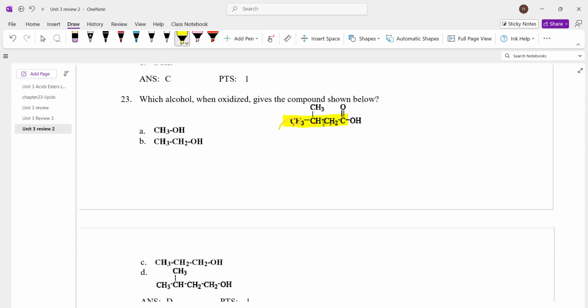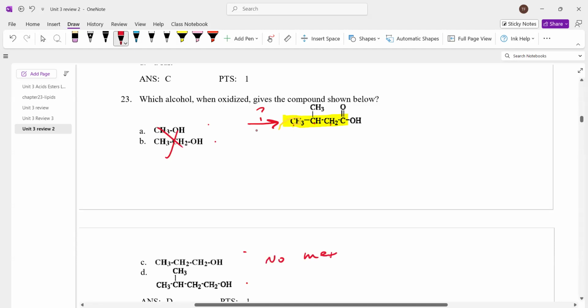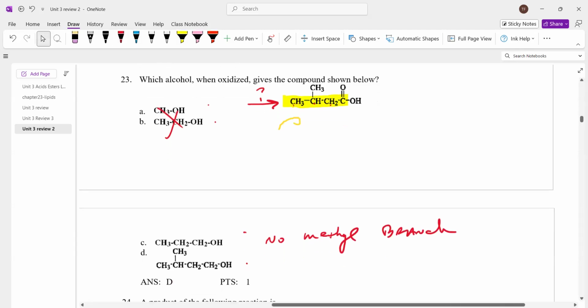So what they're asking is, what do we start with? Well, none of these are branched. They're all 4 carbon. Well, C and D are 4 carbon, but A and B aren't even 4 carbon. So those two definitely. And this has no branch. So the only one left is D.